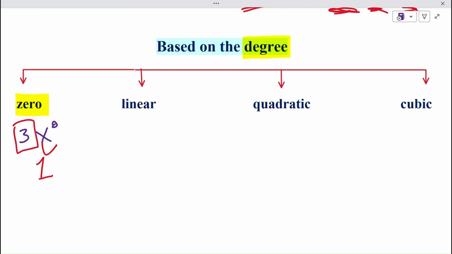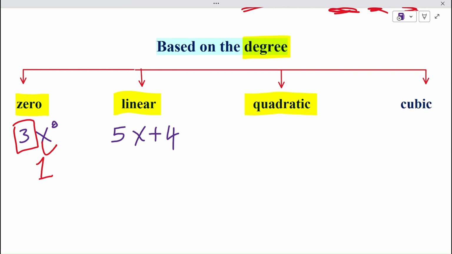What about linear? Linear means a variable with the degree 1. For example, we have 5x to power 1 plus 4. This is called linear. What about quadratic?